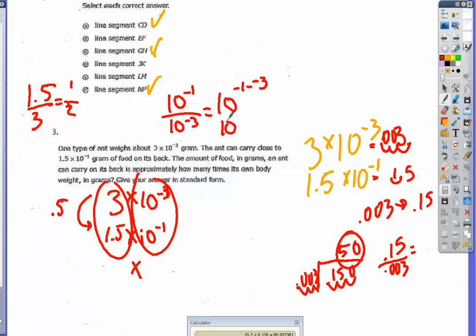So we have 10 to the, what is 1 minus negative 3? Negative 1. Negative 2. This is when I'm embarrassed for you. Positive 2. Positive 2. Oh, well, what is 10 squared? 100. So really, I just have 0.5 times 100, and that equals 50.